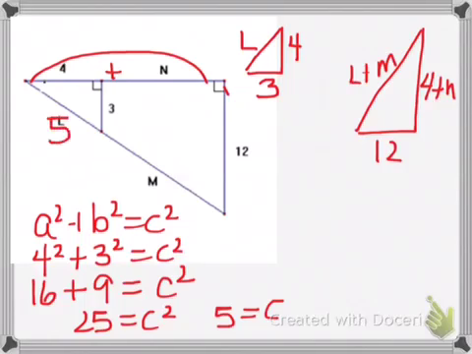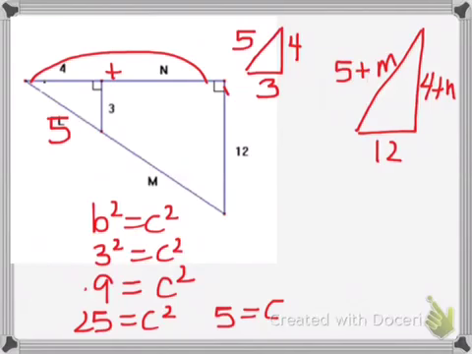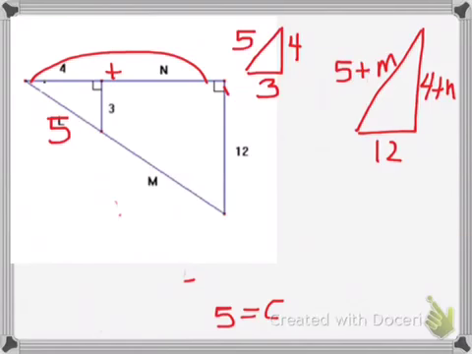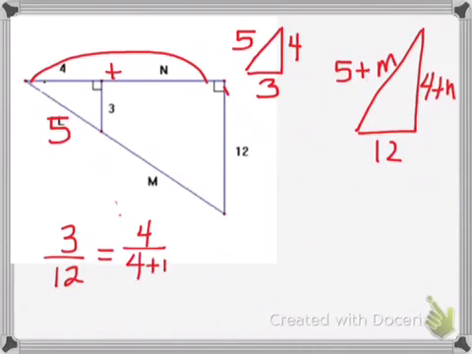Now it may help if I go ahead and change these in my picture. So I know that L is 5. So that's going to give me 5 plus m. And then also, I can use my proportions to find m and n. So I'm going to set up my proportions. I'm going to say 3 over 12 equals 4 over 4 plus n.